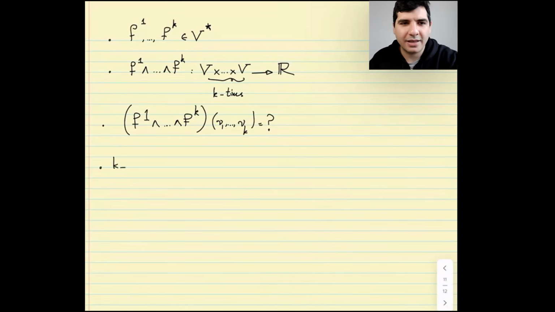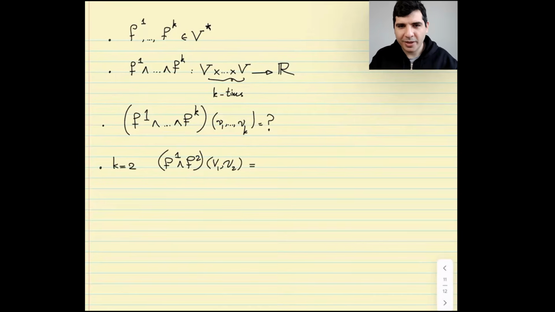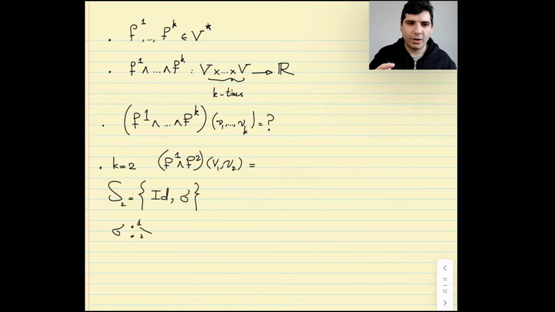To get an intuition, let's consider the case where K is equal to 2, F1 wedge F2 acting on V1, V2. We should consider all permutations on two numbers. This set is denoted by S2. There are two maps from {1,2} to {1,2}. There's either the identity or sigma, the one which sends 1 to 2 and 2 to 1. These are the only one-to-one maps you would get. The sign of identity is 1.